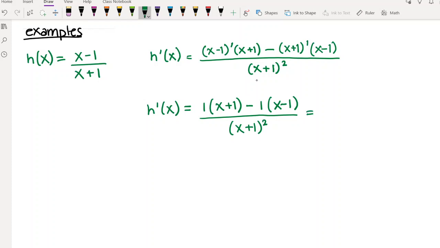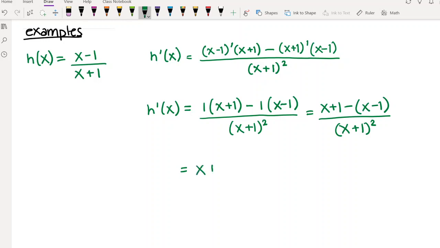And so now we can kind of combine stuff. We can get rid of those 1s. So we have x plus 1 minus x minus 1 divided by x plus 1 squared. And then if we combine like terms in the numerator, we're going to have an x minus another x, so that's going to become 0. Maybe I'll write that all out actually.